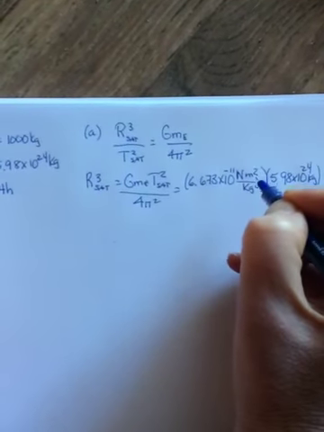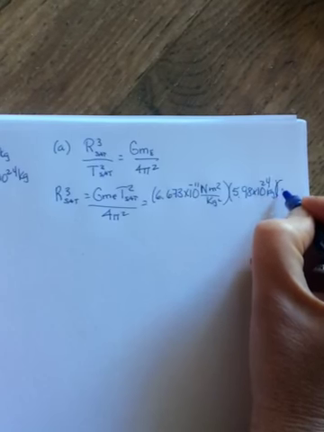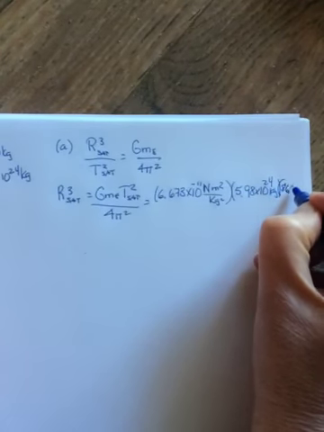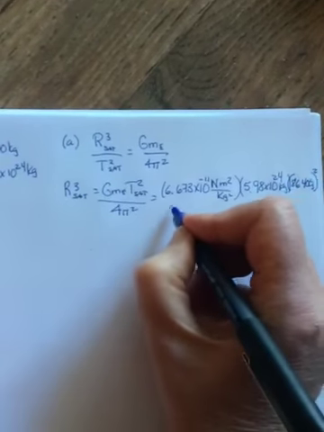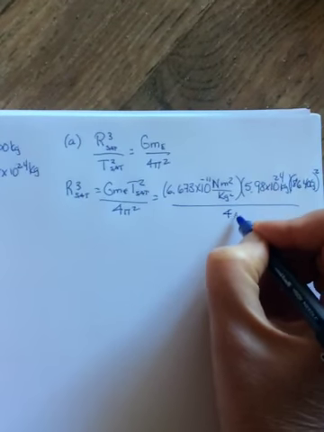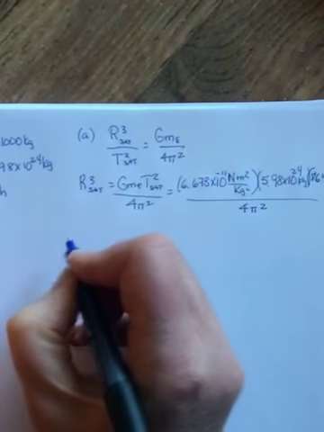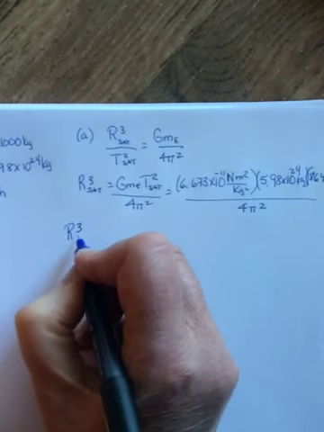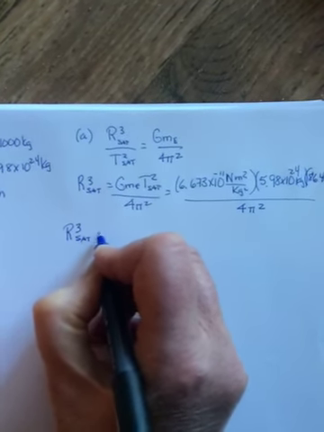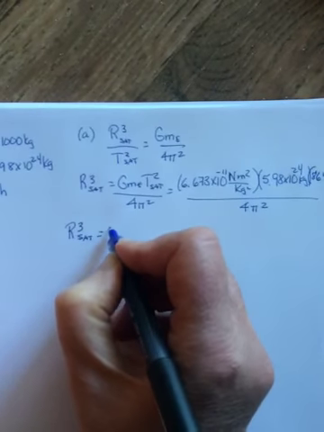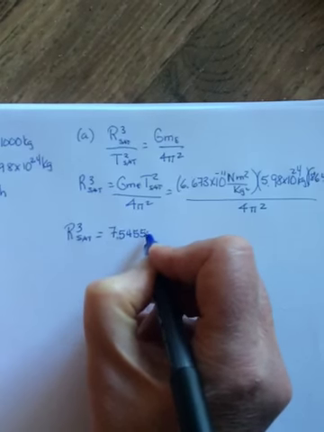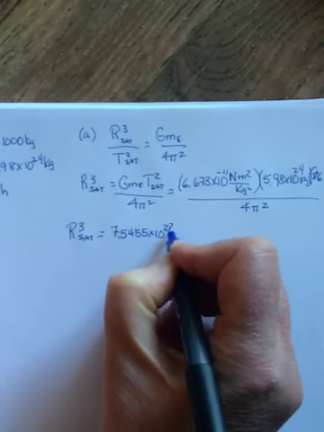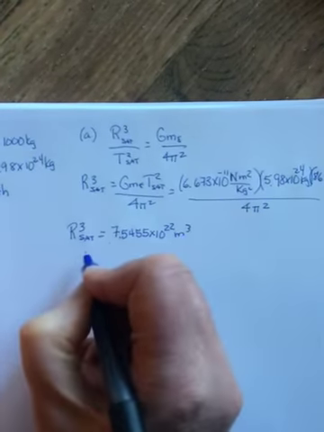And the period is 24 hours, which you have to switch to seconds, 86,400 seconds squared, divided by 4 pi squared. Okay, and what you get is r cubed. So when you do this, you get an r cubed of 7.5455, I think, times 10 to the 22nd meters cubed.